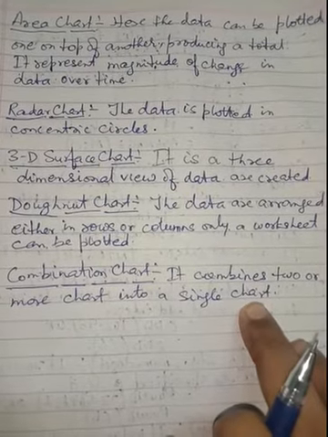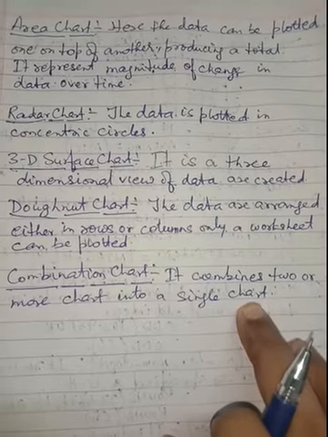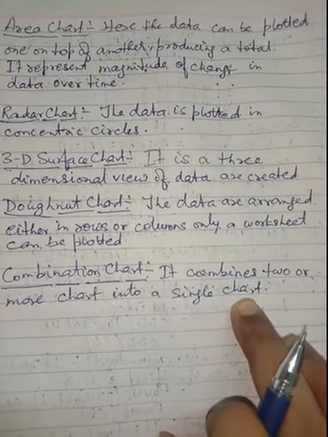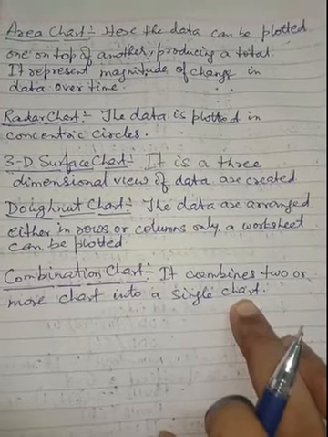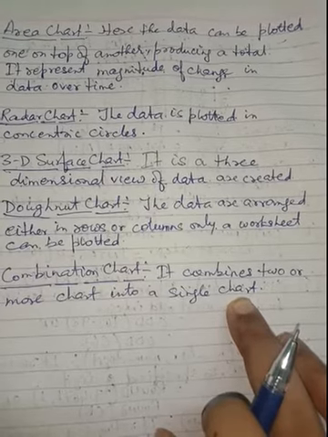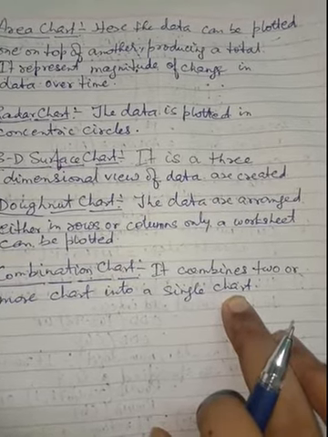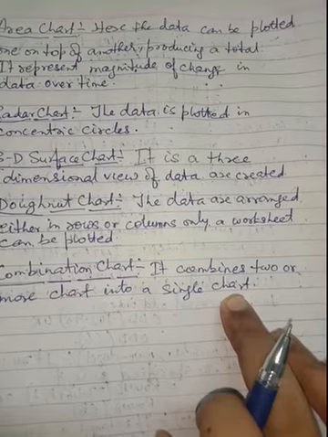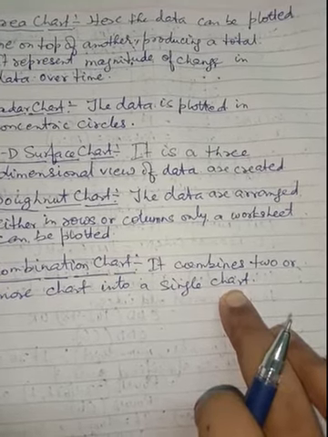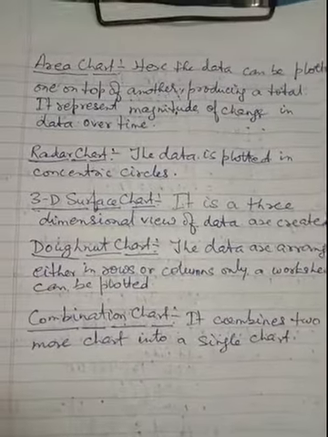In a combination chart, different types of data can be plotted in the same chart using different chart types. It is an ideal choice when we want to compare the individual items. This is the diagram of a combination chart. These were some of the charts that we discussed.